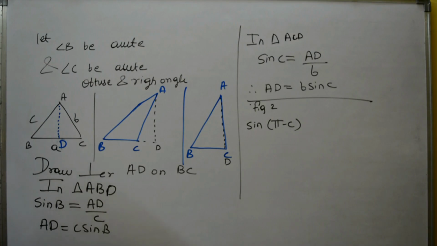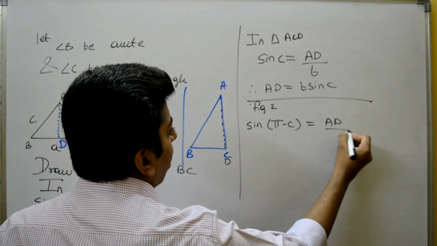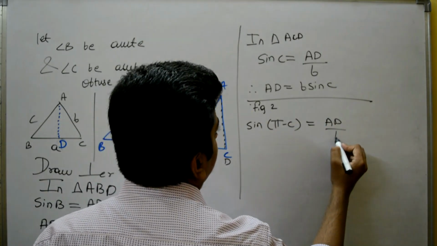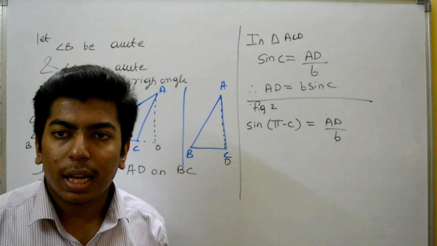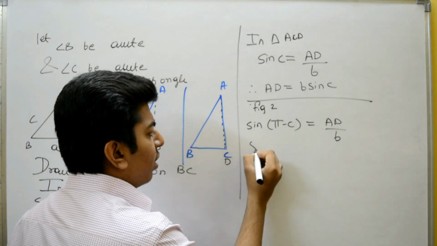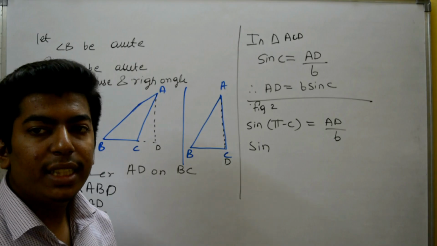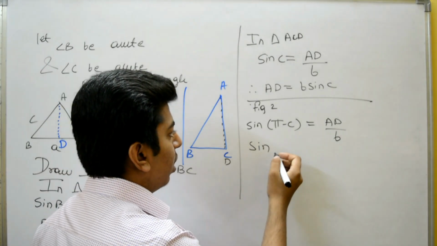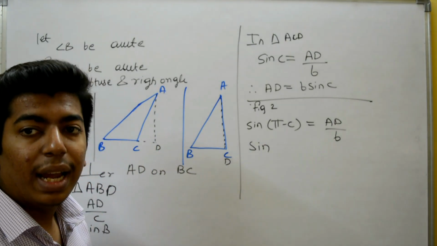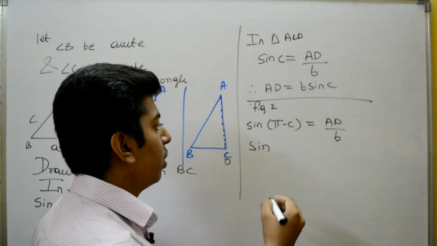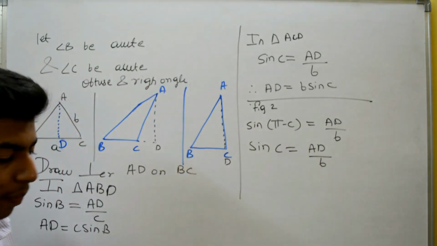Pi minus theta is equal to, according to sine, AD upon B. Actually it lies in the second quadrant, so in the second quadrant the sine ratio is positive. So sine C is equal to AD by B.